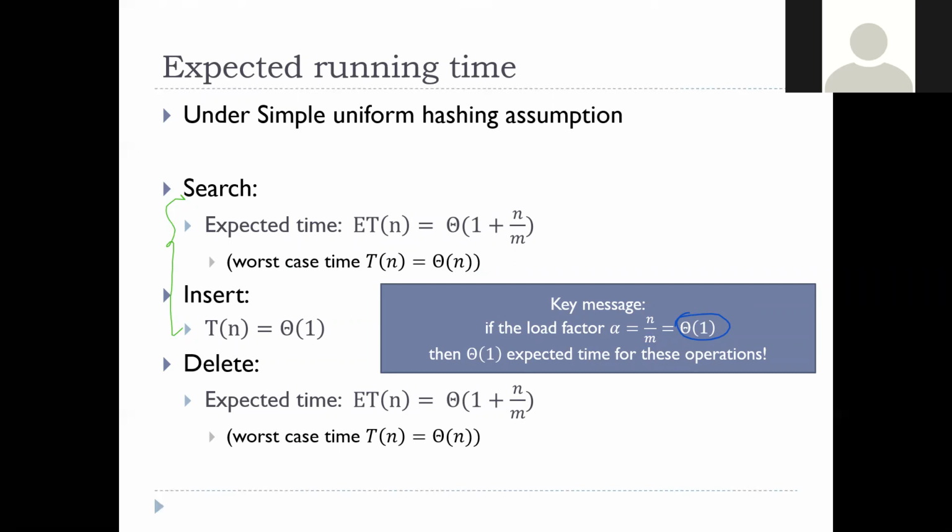But note that this is expected running time, while the log n time complexity for a binary search tree is worst case. But for the binary search tree, you cannot improve the expected time either. So hash tables in practice are very practical and efficient.